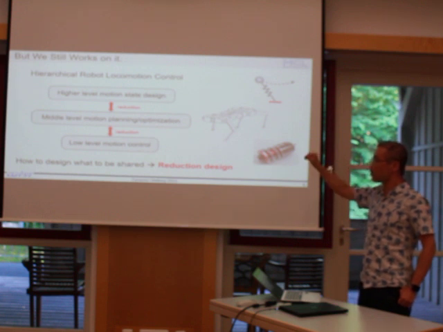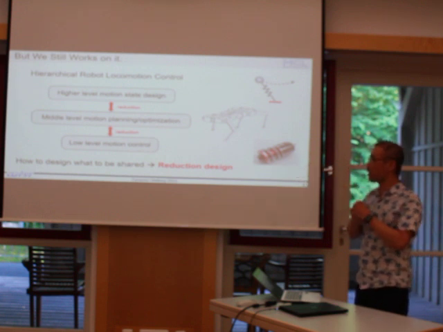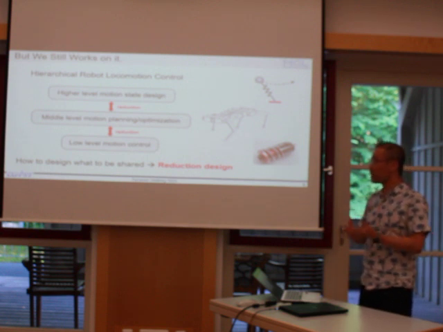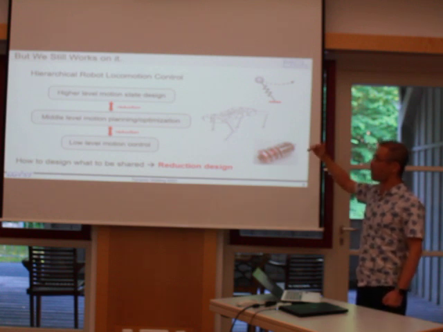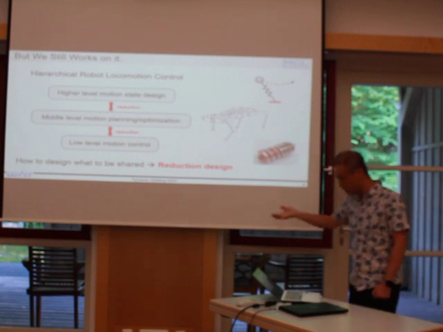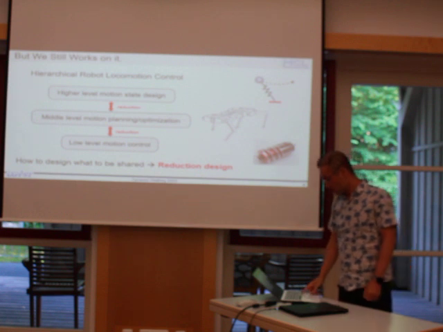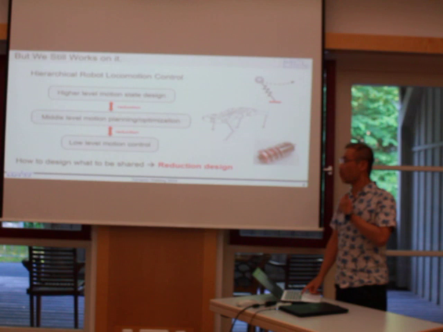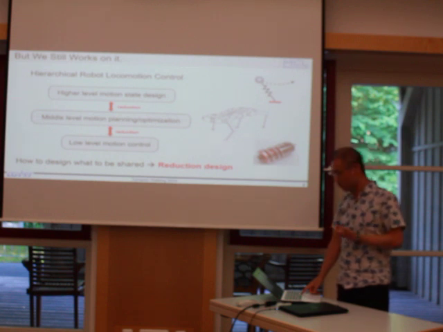I think the process between these layers can be called reduction. We reduce not only the dimension, but something such that the upper level control can understand it, design it, and optimize it. And SLIP dynamics also can be applied by doing a good reduction.